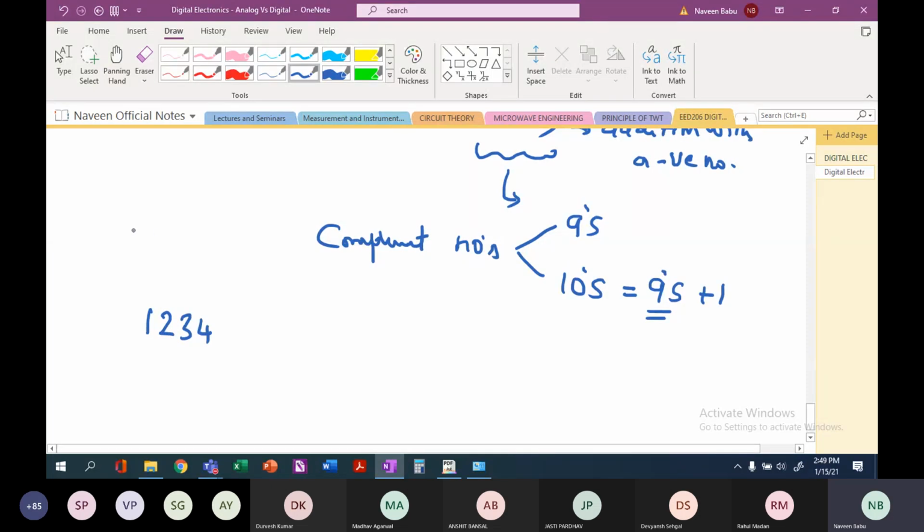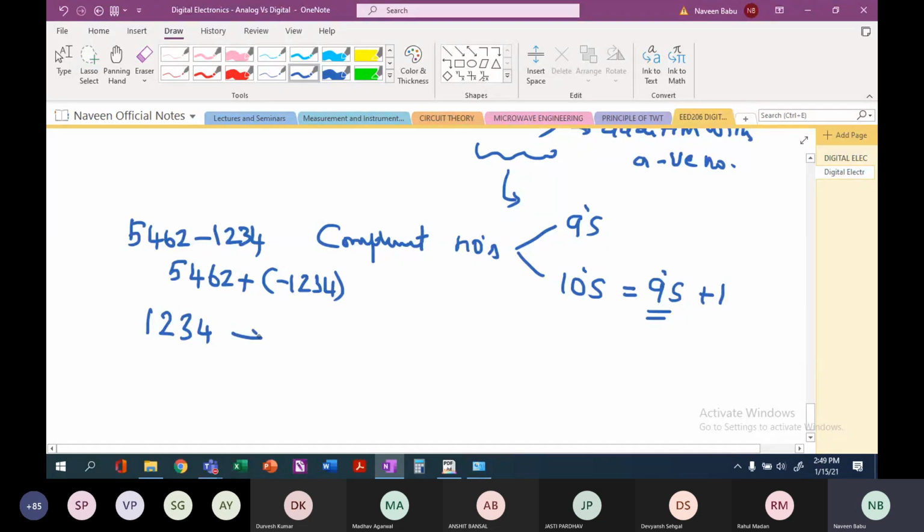If I want to perform, say for example, 5 4 6 2 minus 1 2 3 4, then first I should do 5 4 6 2 plus minus 1 2 3 4. So how do I represent the complement of minus 1 2 3 4 is what we are going to see.